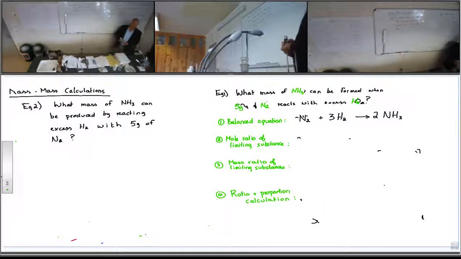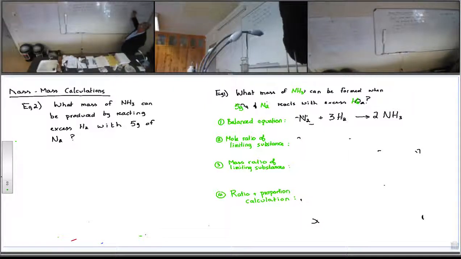Could you tell me which of those three substances, N2, H2, or NH3, are the critical ones, the ones that we're interested in? N2, why? You have a limited amount, so I'm going to underline it. Which else? There are always two things. Are we interested in H2? Why not? Excess. Are we interested in NH3? Why? Because that's what the question is all about. Yes. What mass of NH3?